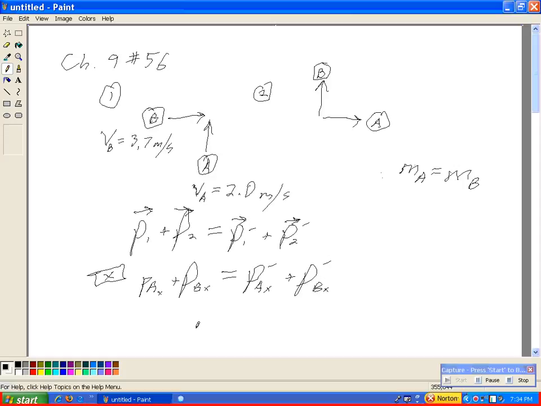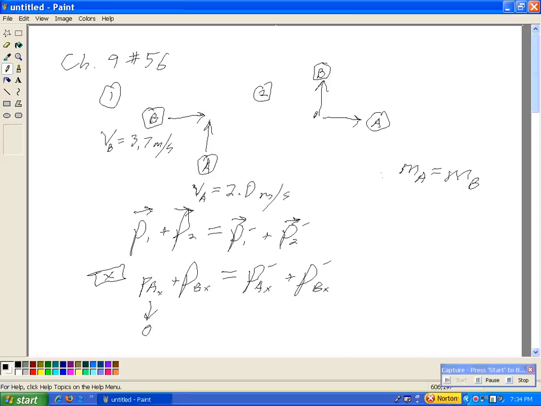Okay. So in the x direction B is going, but not A. So this is 0. A is in the y direction.